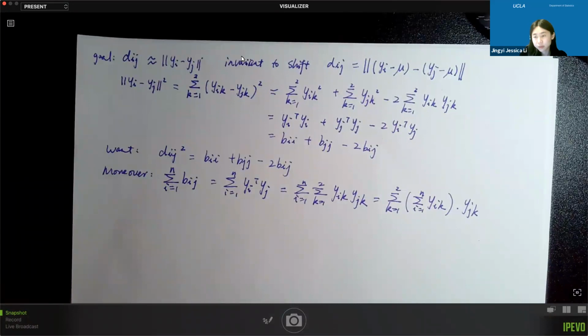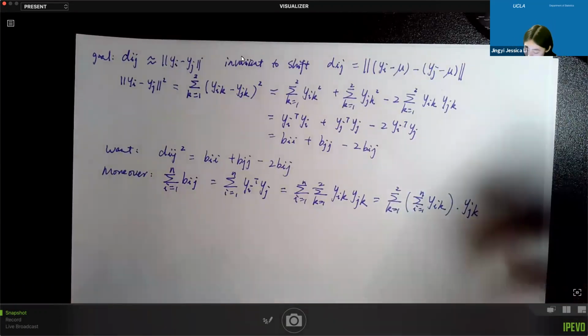Their distance remains the same. So this suggests that I could actually standardize each column to have mean 0, and that will not change the Euclidean distance between Y_i and Y_j. So what I mean is, I could for each dimension, probably I should say this.